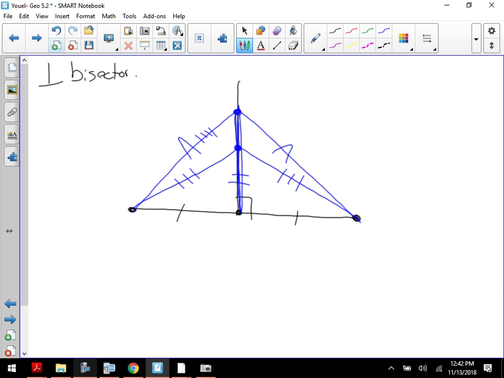Okay, so that's one of the things we'll start to see. Same deal if I put it right here, really low. That's still reflexive. It's still side angle side.